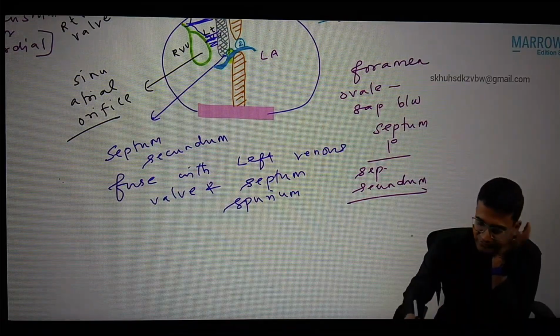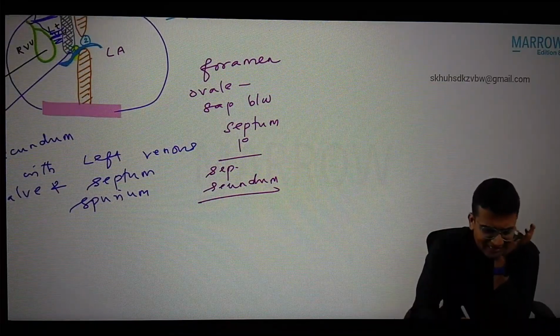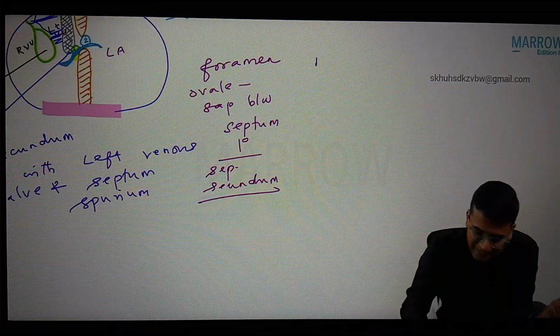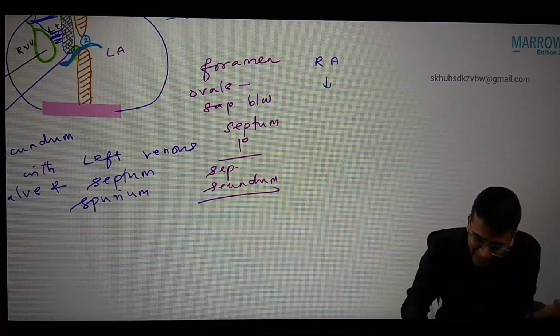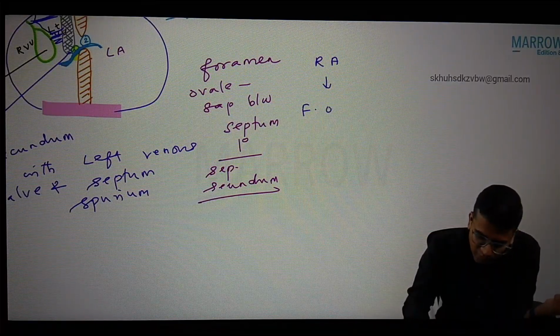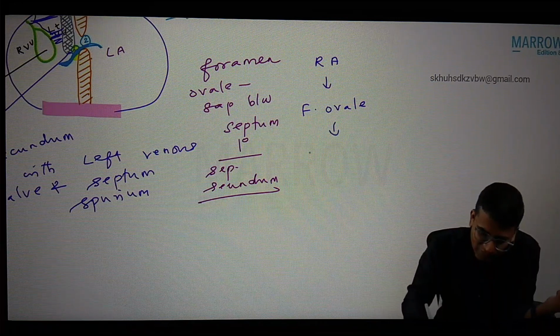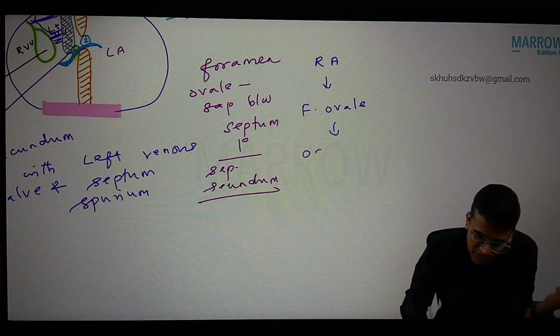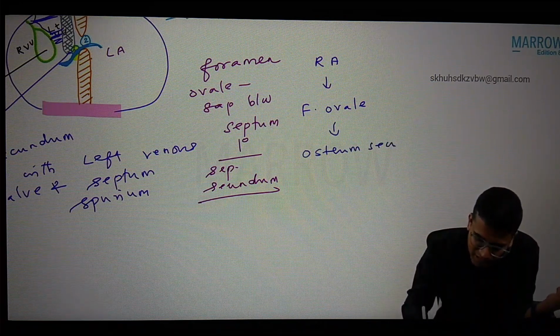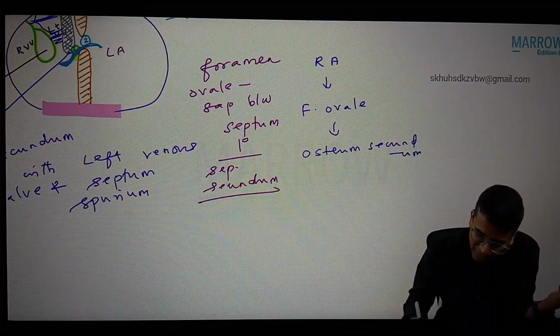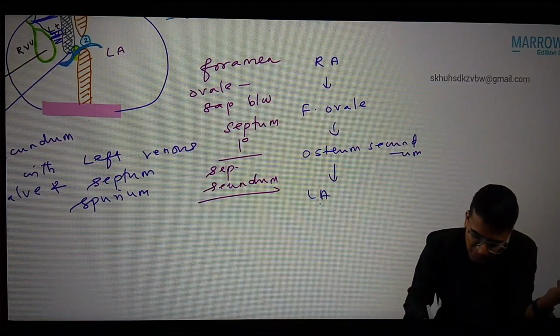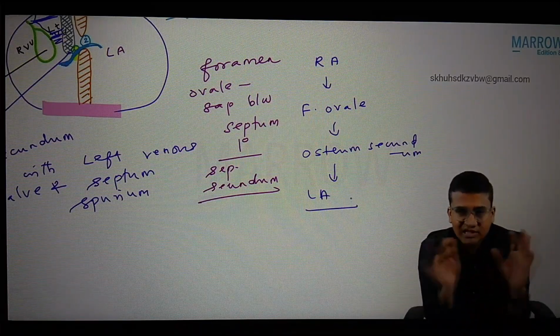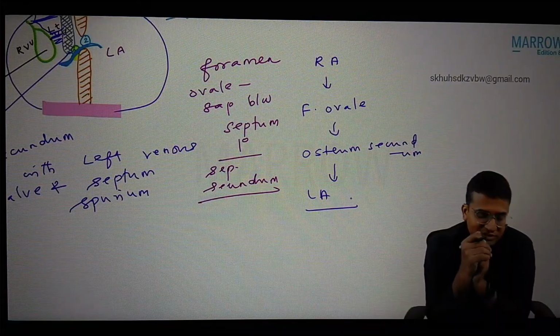Number two is the ostium secundum. So blood from right atrium comes to the foramen ovale, then to the ostium secundum, and from the ostium secundum to the left atrium. Is that clear?